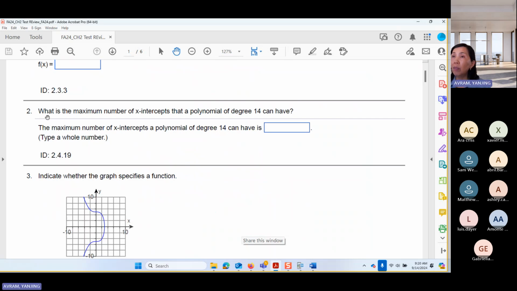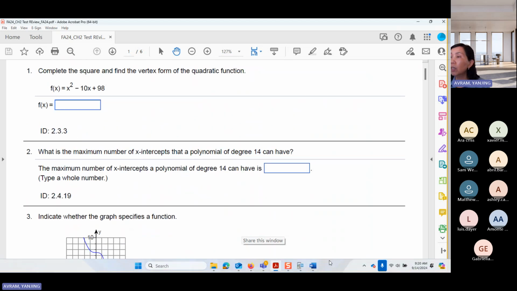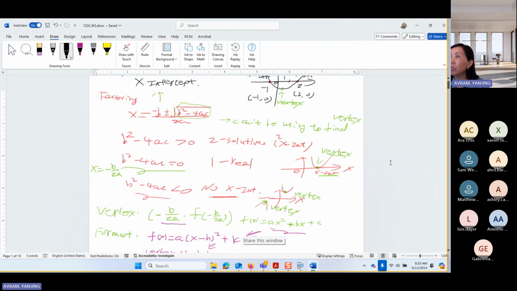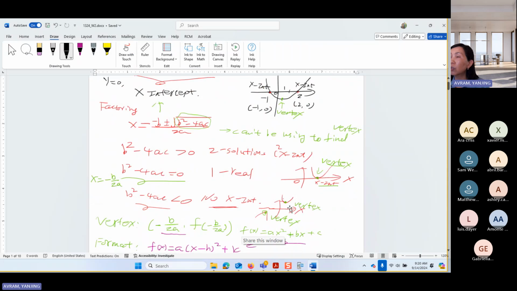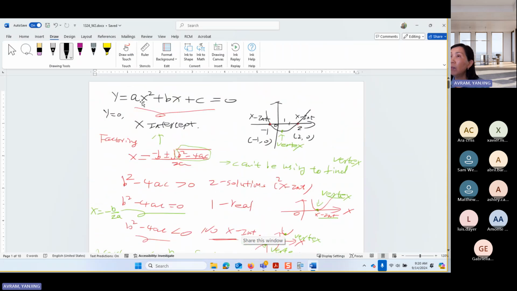Okay, number 2: what is the maximum number of x-intercepts that a polynomial of degree 14 can have? If you look at this quadratic I just dropped right here, it has a degree of 2.